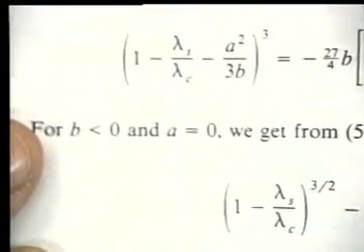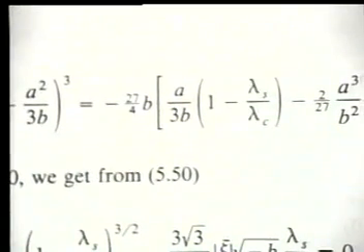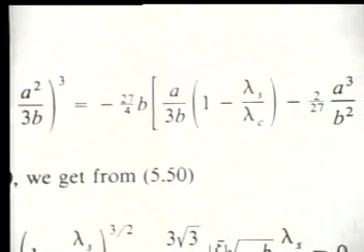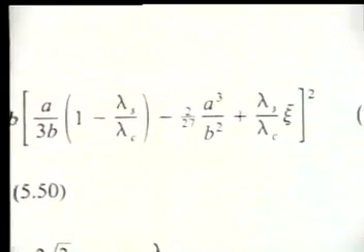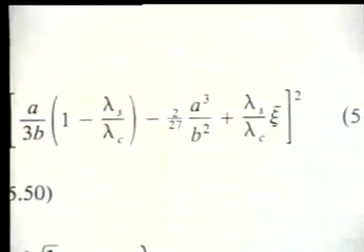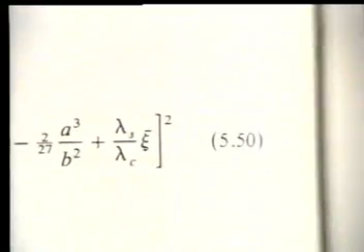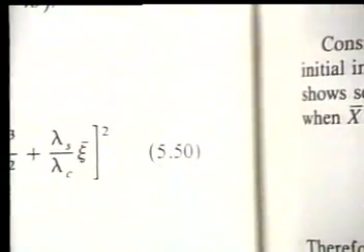That is 1 minus lambda static over lambda classical minus a square over 3b cubed equals minus 27 fourths b. You don't have to write this because you have it. A over 3b, 1 minus lambda static over lambda classical minus 2 over 27 a cubed over b square plus lambda static over lambda classical times initial imperfection squared.